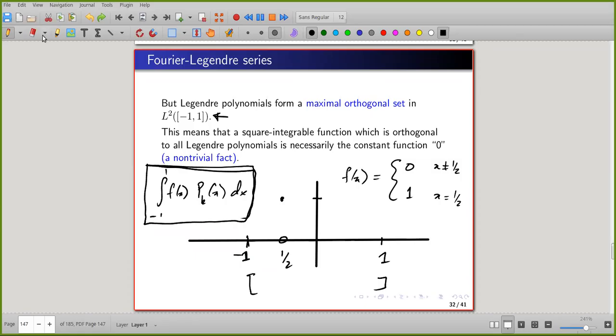So I suppose, as I said, I have not defined L2 of minus 1, 1. I don't want to explain this anymore.